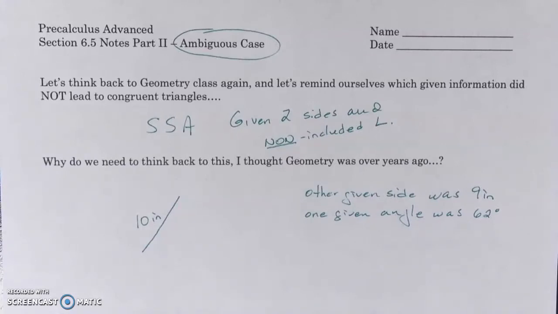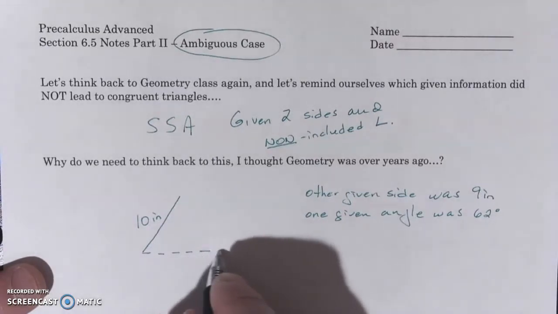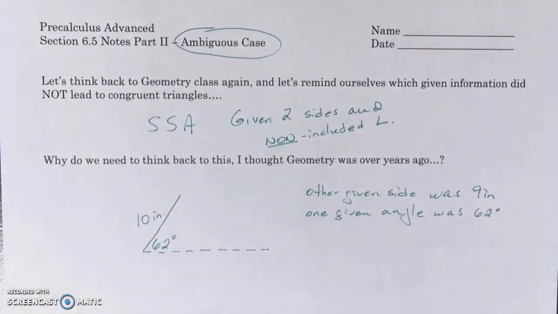Now we can sketch this out. The way we would normally sketch out this triangle, with 3 given parts where we don't know the third side or the other two angles, is to use a dashed line here to set the given angle measure. Let's say that's the 62-degree angle.